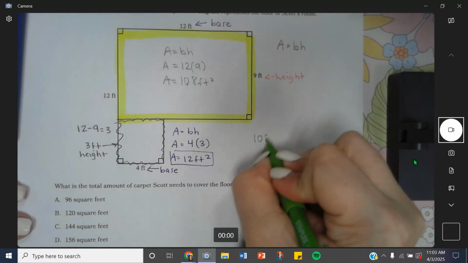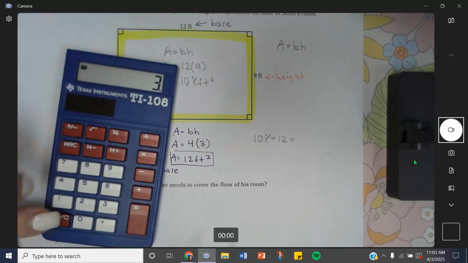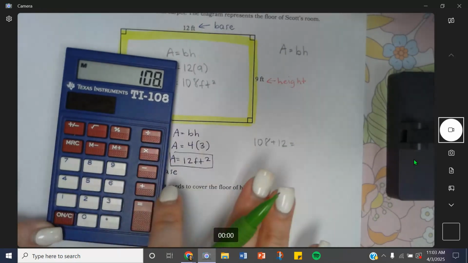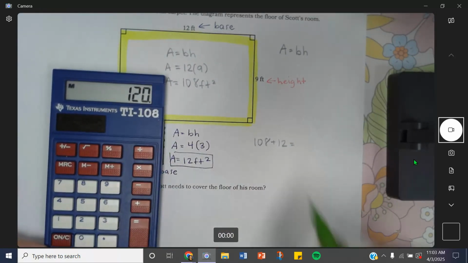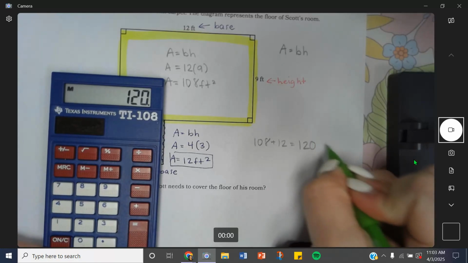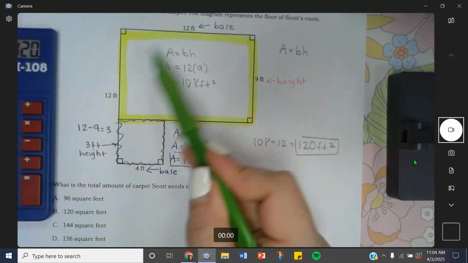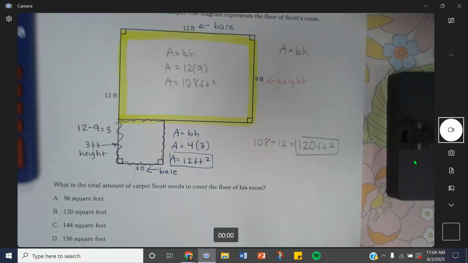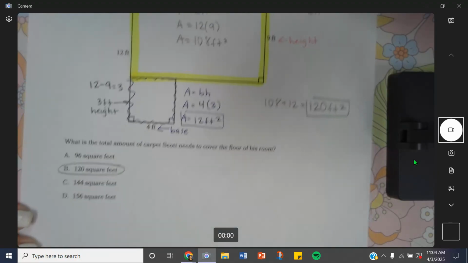So we'll do 108 plus 12. We can use our calculator or your mental math for that. But when we do 108 plus 12, we get an area of 120 feet squared for the entire floor of Scott's room, which is answer B.